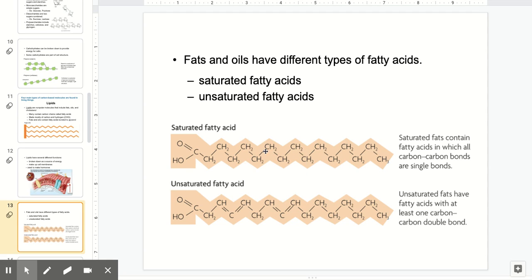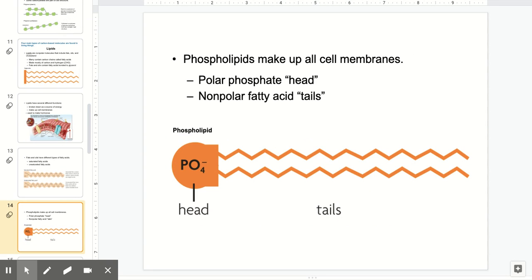See the single lines here. In an unsaturated fatty acid, it's not just all single lines; you'll see some double lines. Essentially, being unsaturated means there are not as many hydrogens bound to the carbons. That does lead to different nutritional values and nutritional storages, and that's just based on the structure.